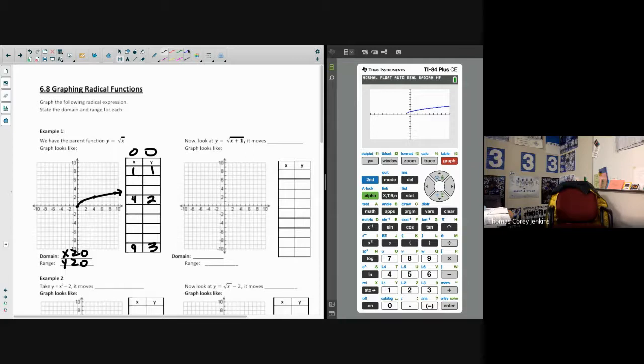And you may have remembered that from what we talked about with transformations. f of x plus 1 would be left 1. We talked about that a bunch in the first semester.